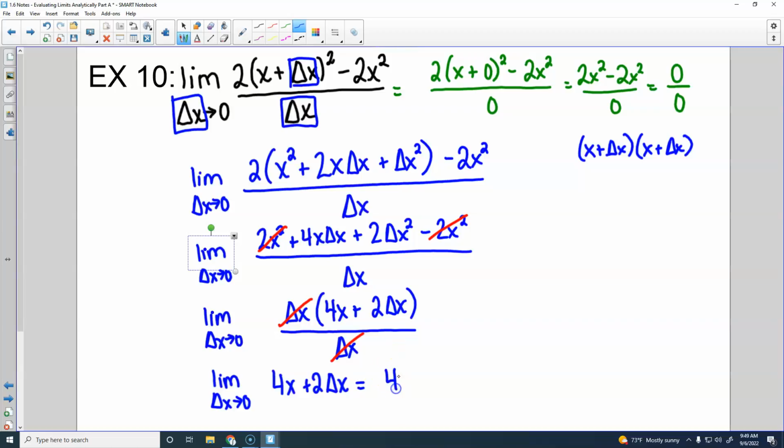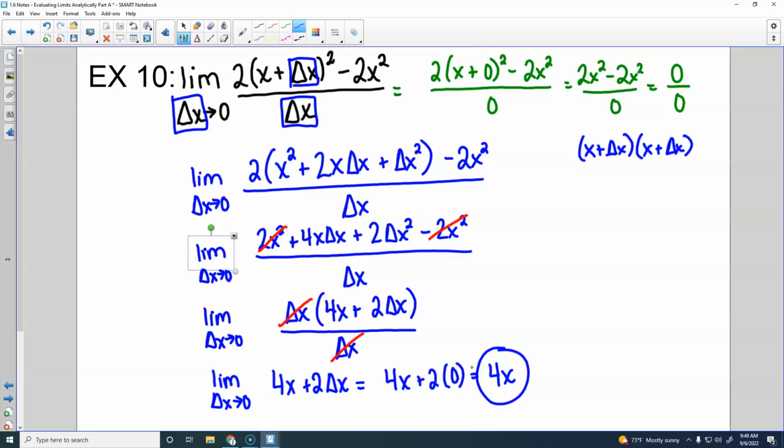So I will get 4x plus 2 times 0. So this looks a little weird. What's our answer? 4x. So in problems like this, not always, but a lot of times, you'll get x's in your answer.